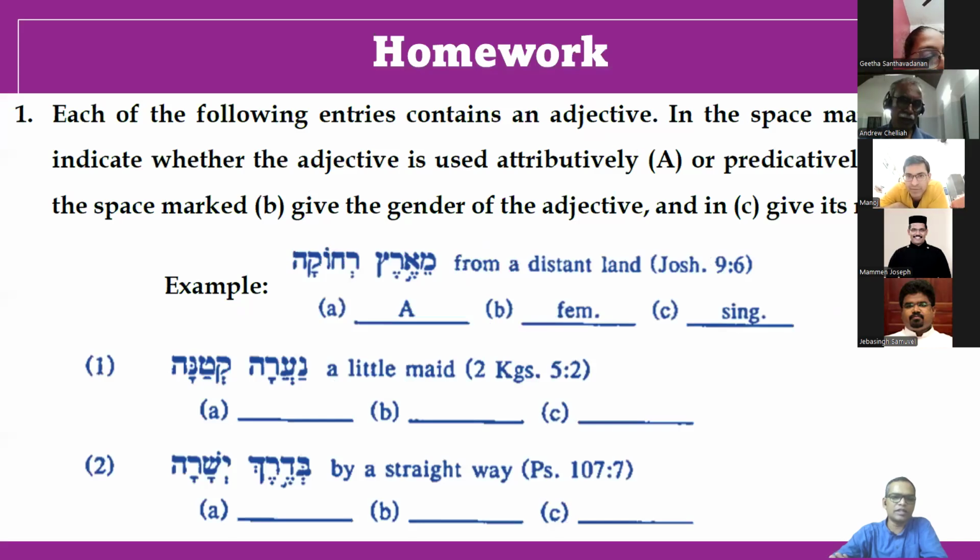And the second point is that the noun is feminine and the adjective is also feminine. The noun is indefinite and the adjective is also indefinite. So in that way, we are sure that it is taking the attributive usage: attributive, feminine, singular.